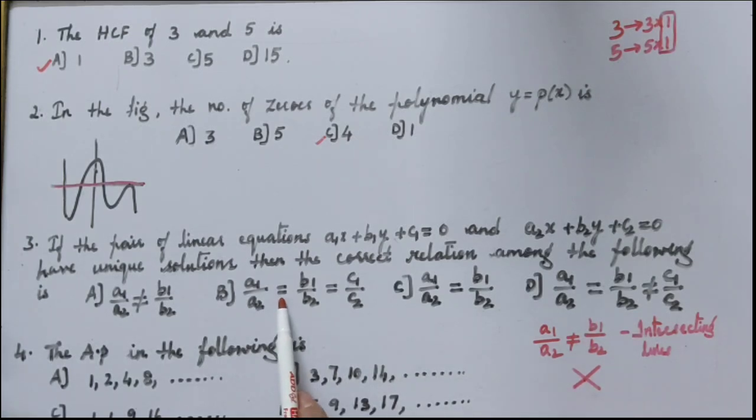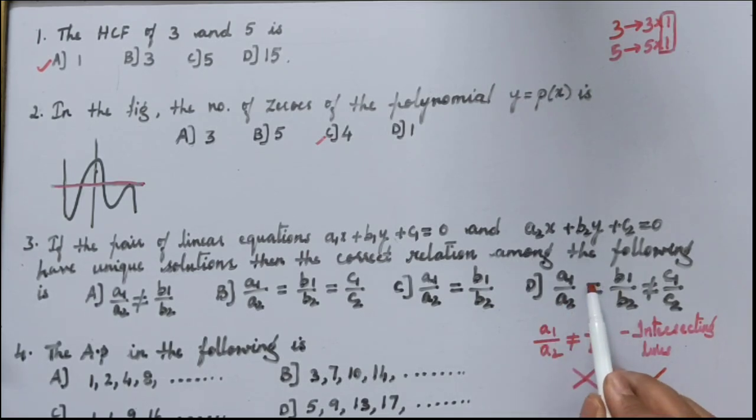Now this one is coincident lines. The lines are overlapping on each other. You can find that all the points are lying on each other. So we have got infinitely many solutions. This is coincident lines. Now this is a parallel line.